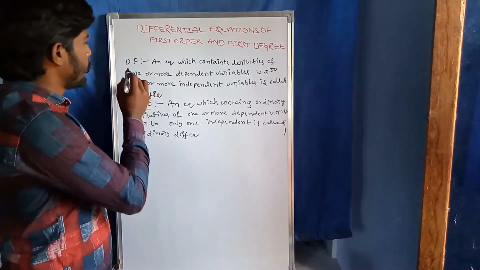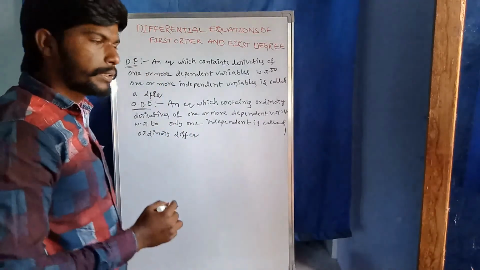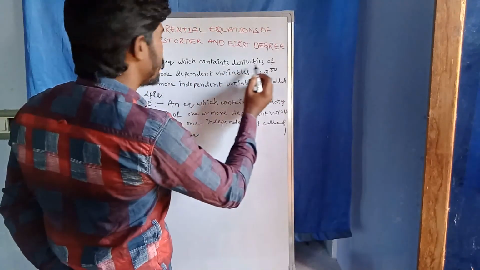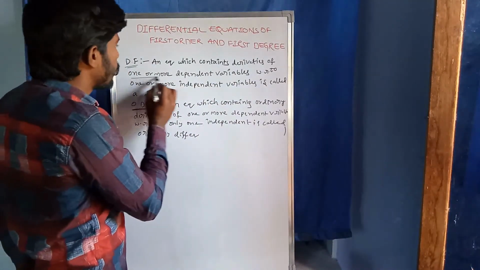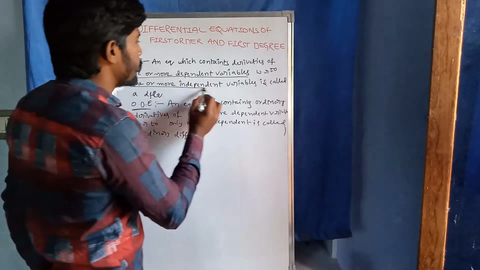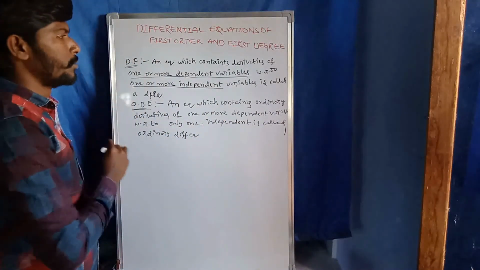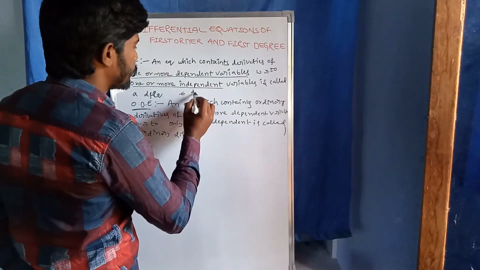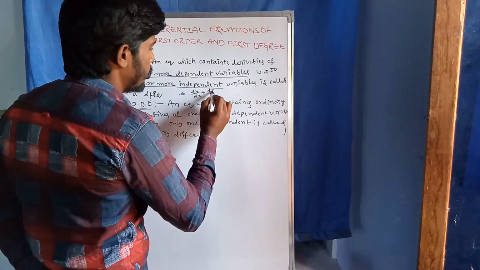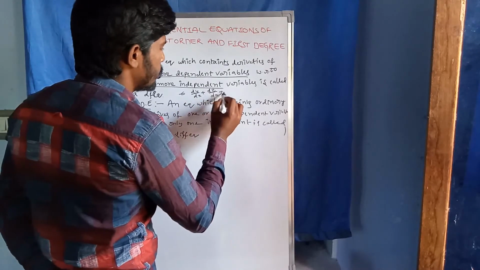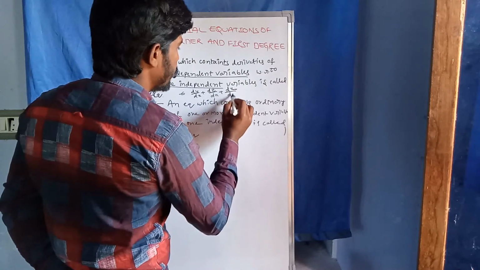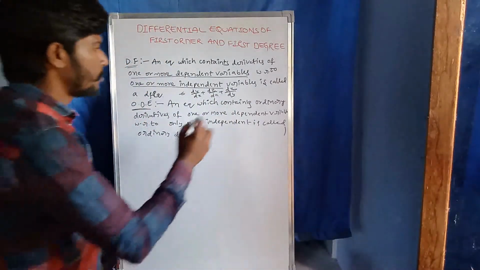The difference between a differential equation and an ordinary differential equation. A differential equation contains derivatives of one or more dependent variables with respect to one or more independent variables. For example, dy by dx plus dz by dx plus dx by dy is equal to 0.